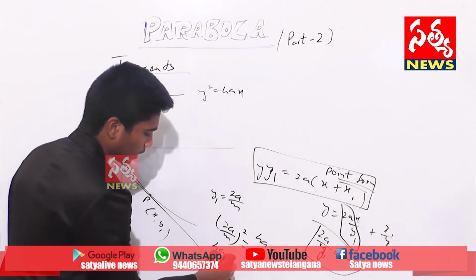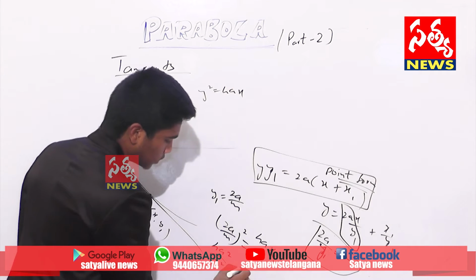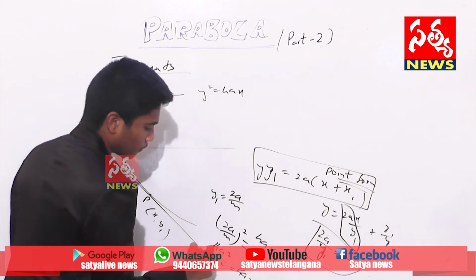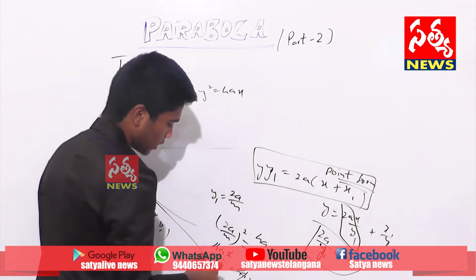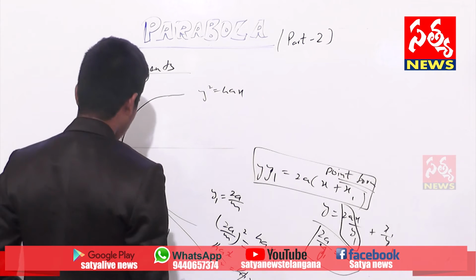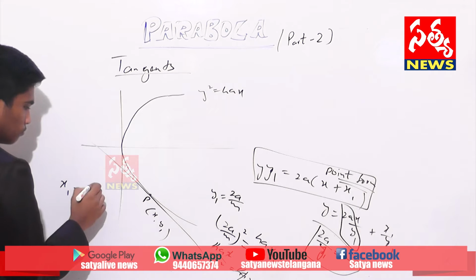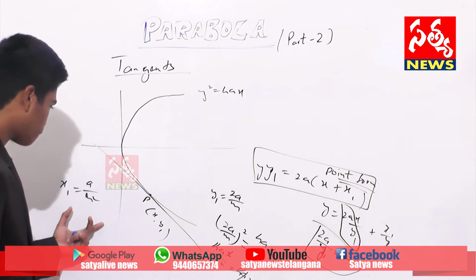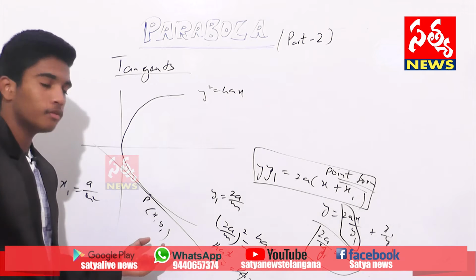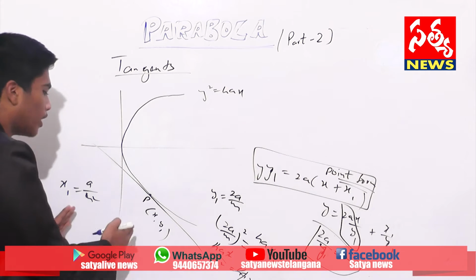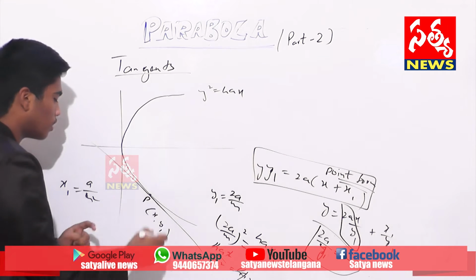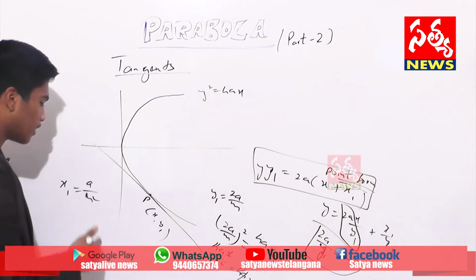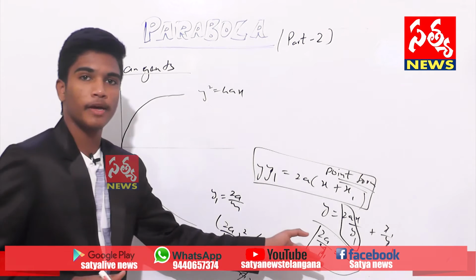Now 4a square by m square equals 4a x1, 4 gets cancelled and a gets cancelled, and finally the value of x1 is a by m square. So now what we got is that the point of contact of the line and the curve must be in the form of a by m square comma 2a by m.